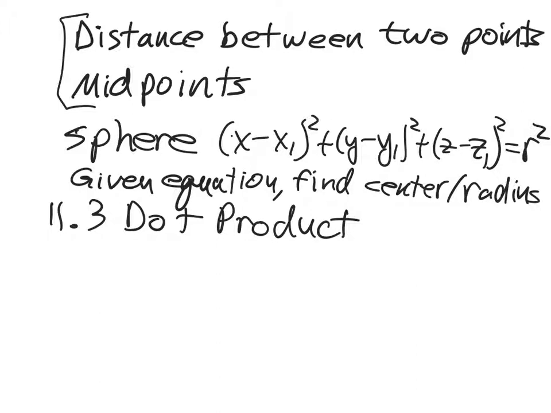It's either or both, probably both. But using the dot product, we can find the angle between 2 vectors.